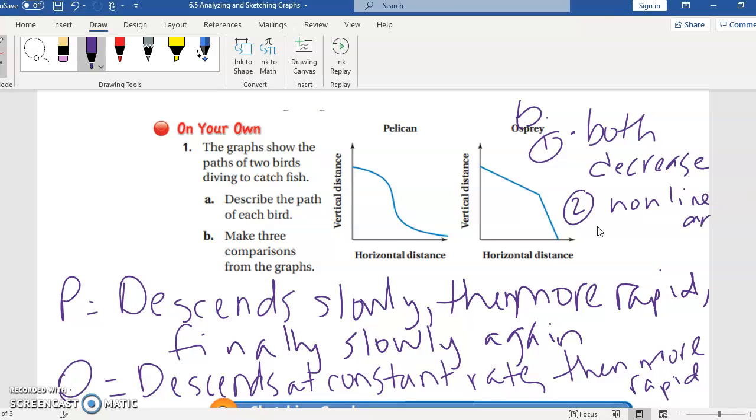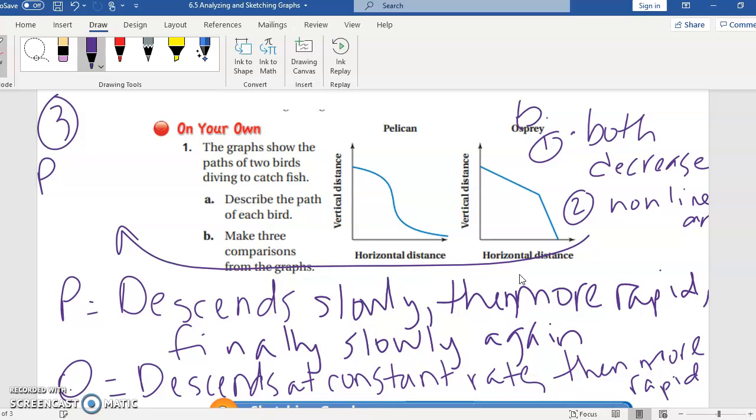Sorry. Linear. And then I would say the pelican, its steepest part is kind of in the middle right here, but for the Osprey, the steepest part is at the end. So I'm gonna kind of put that over here for more room.